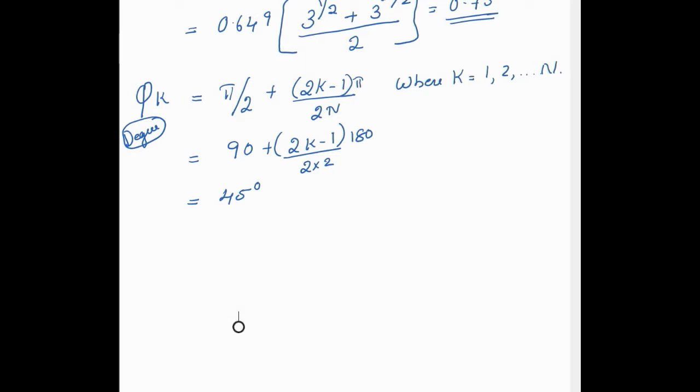Again, substituting k is equal to 2, 90 plus (2 into 2 is 4, 4 minus 1 is 3), 3 by 4 into 180, that is equivalent to 225.